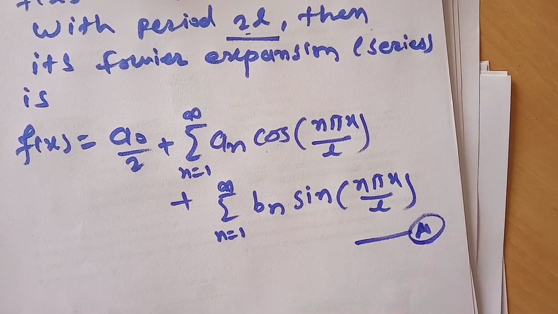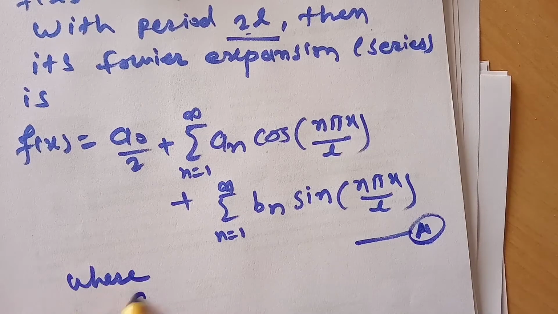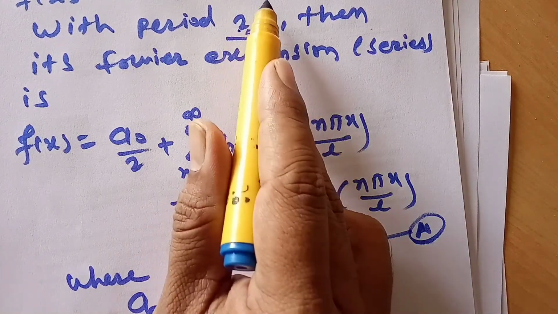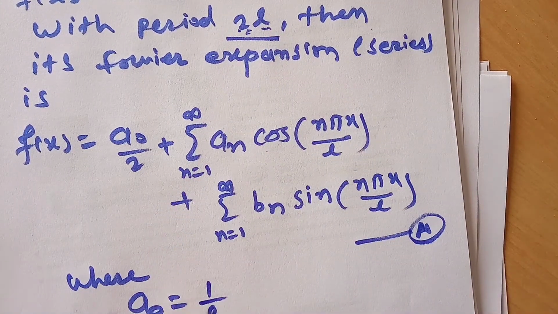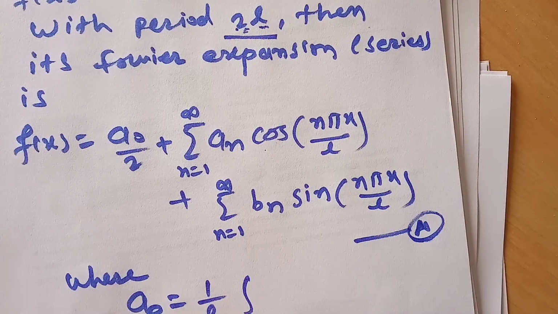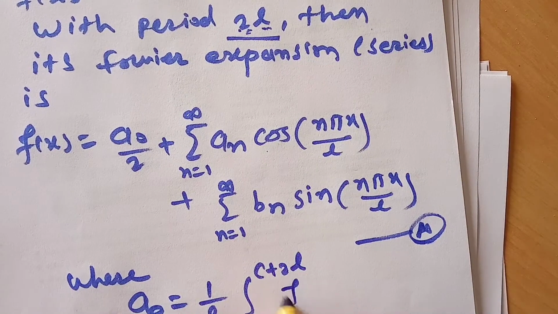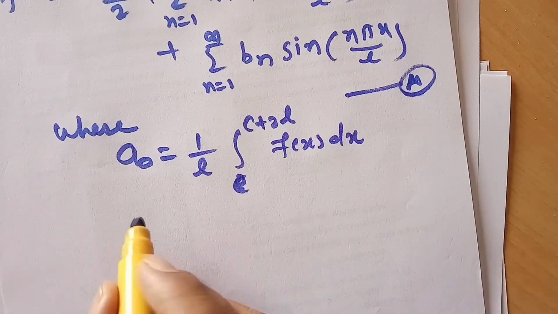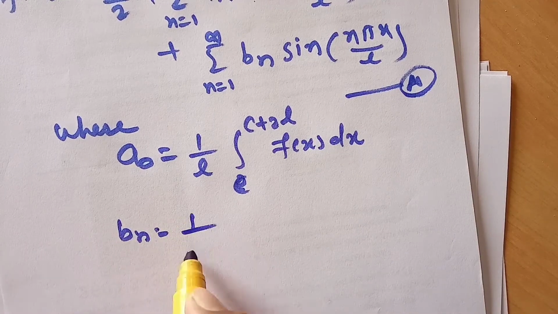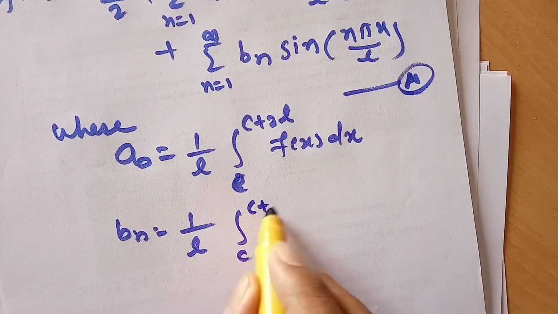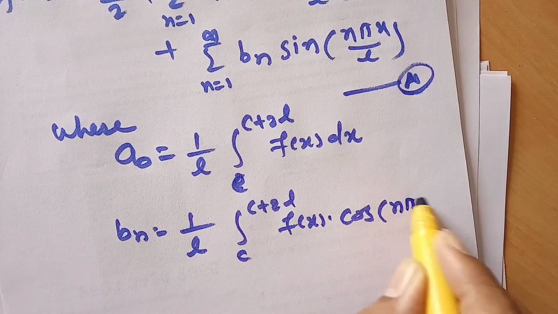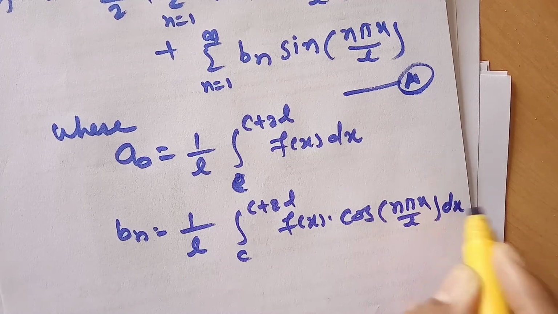Now the Fourier coefficients are: a0 is equal to, in the last case there was 1 upon pi, here instead of pi it is L, because the period is 2l and half range is L. So a0 equal to 1 upon L integration c to c plus 2l f of x into dx. a_n equal to 1 upon L integration c to c plus 2l f of x into cos of n pi x divided by L into dx.